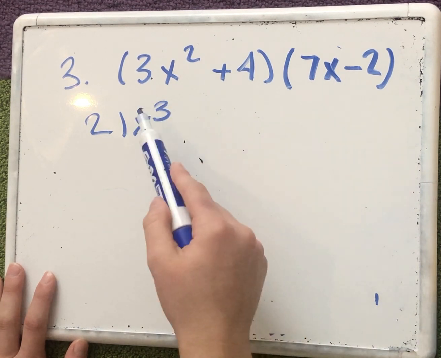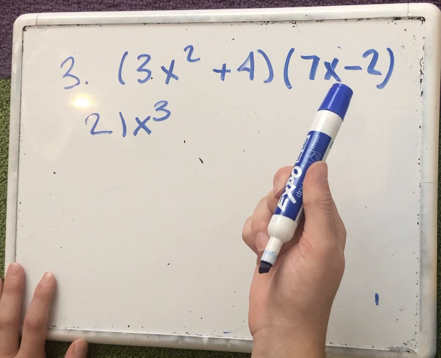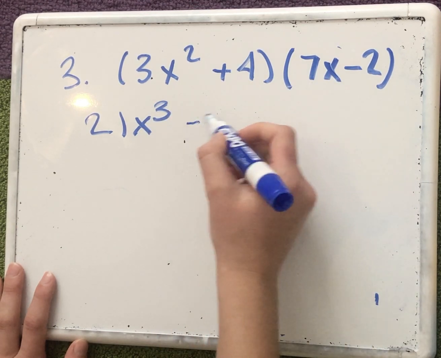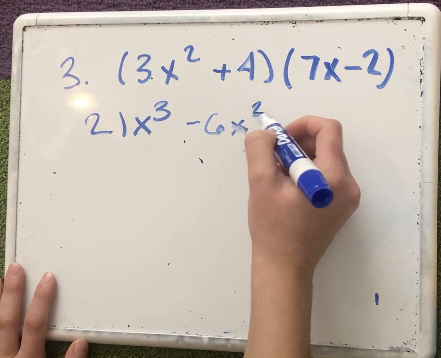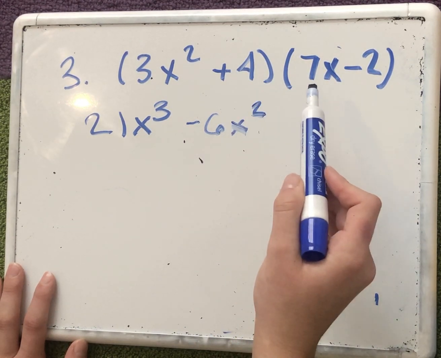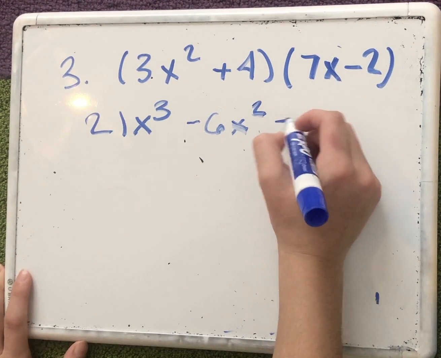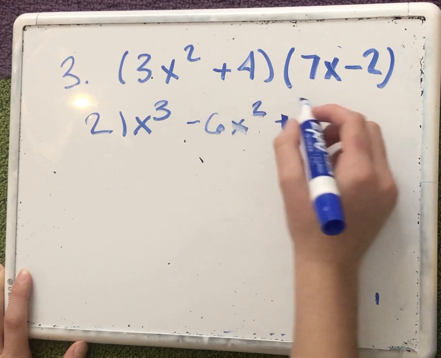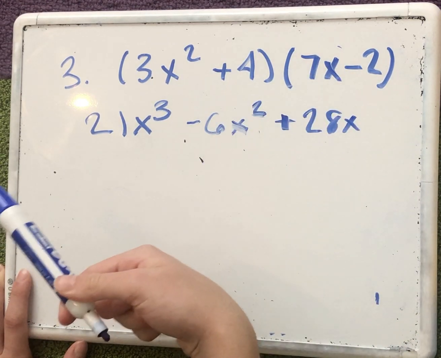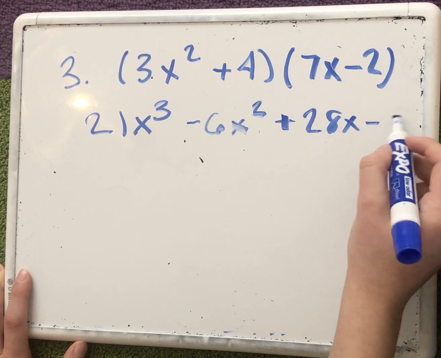Then you do the outer numbers, 3x squared and negative 2, which is negative 6x squared. And then you do the inner, which is 4 and 7x, and you get 28x. And then you do the leftovers, which is negative 2 and 4, and you get negative 8.